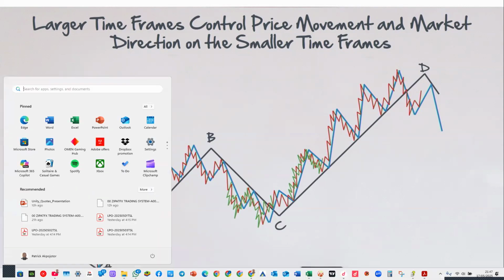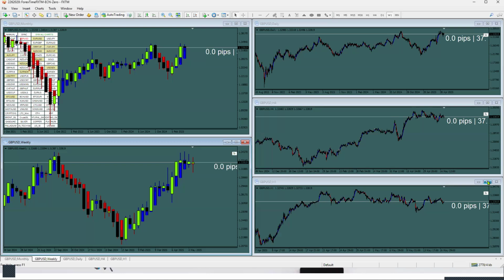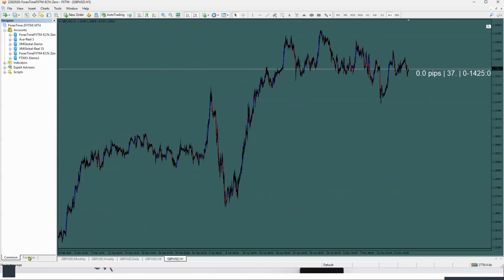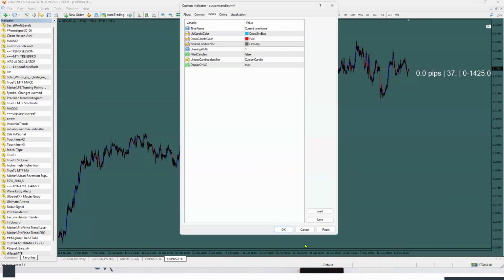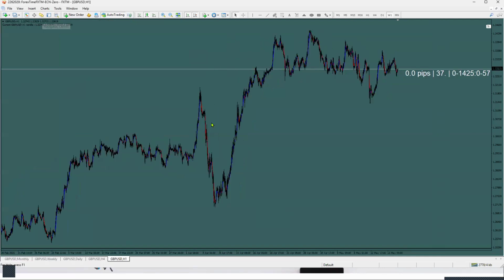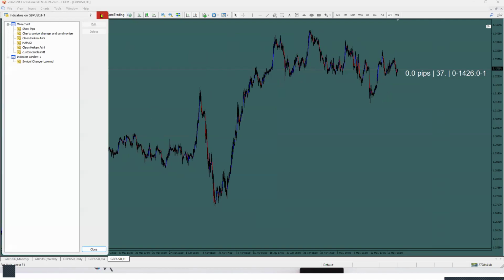I will show you an example of that by coming to my MetaTrader 4, and let me use the custom candle for you. Okay, all right. So this is the custom candle. Now this is a 1 hour chart, right?